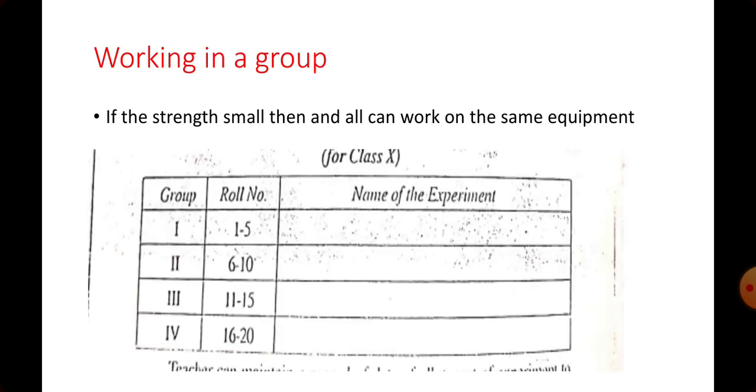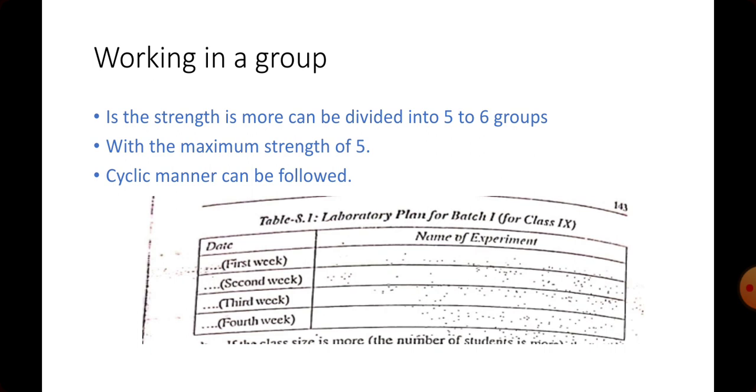Next we are going to discuss how to work in a group. If the classroom has small strength, that means if there are sufficient equipment for individual students, they can work individually on the same activity. If there are many students in the classroom, if it is a large classroom, then the teacher has to divide them into groups with a maximum of 5 in each group, and there should be not more than 4 to 5 groups, maximum 6 groups.